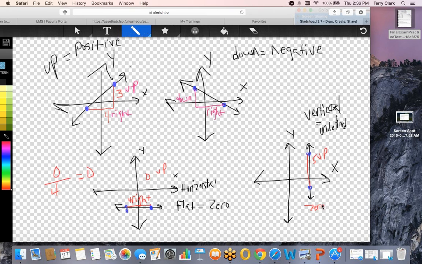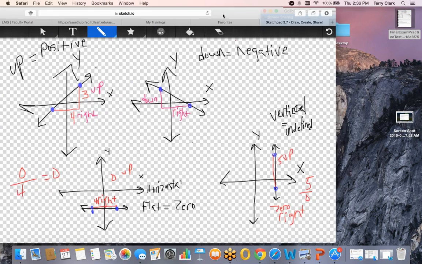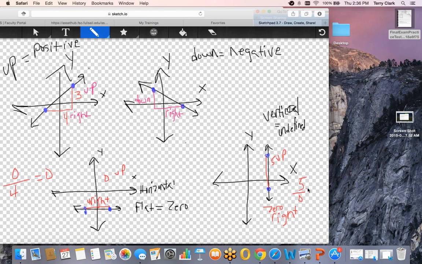We didn't move to the right or left. So at the end of the day, we went 5 up and 0 to the right. And of course, division by 0 is not allowed, so 5 over 0 is going to be undefined. That's where we get this undefined answer from.